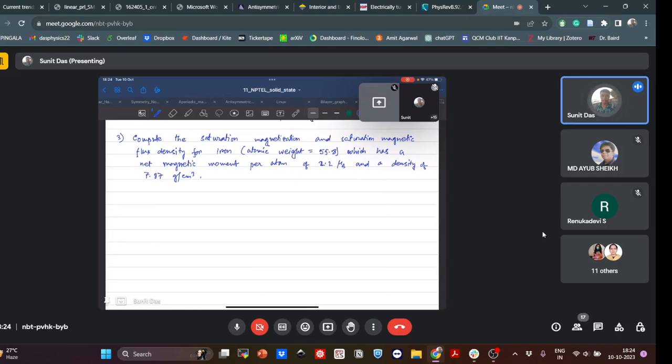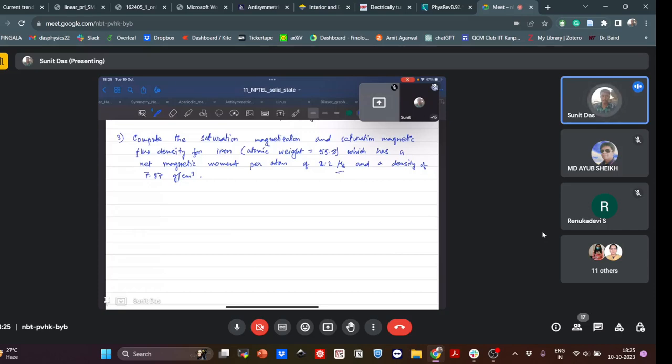So the question is: compute the saturation magnetization as well as the saturation magnetic flux density for iron, where the atomic weight and the density are given. Another piece of information is that the magnetic moment per atom is 2.2 Bohr magneton.